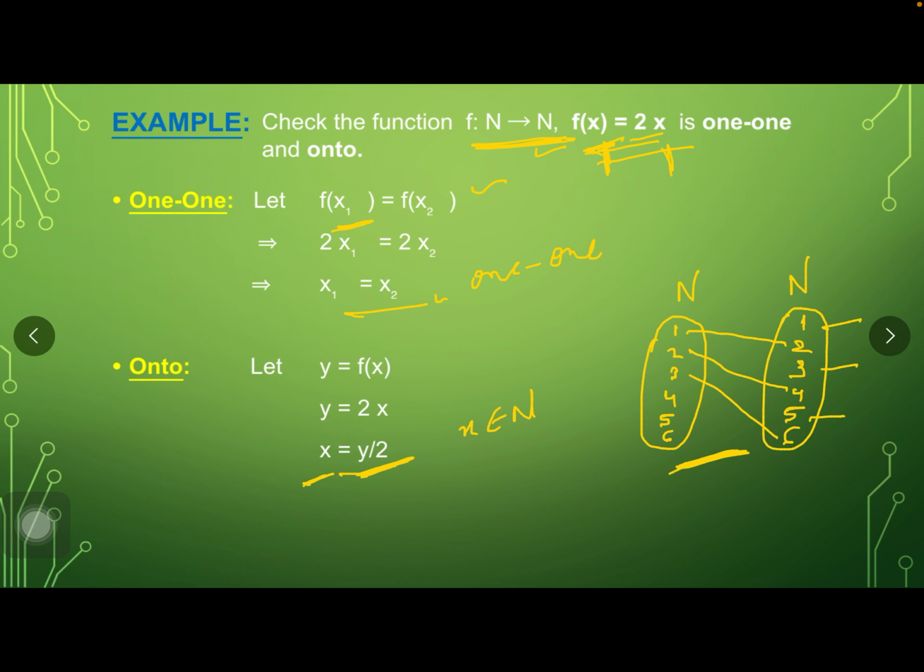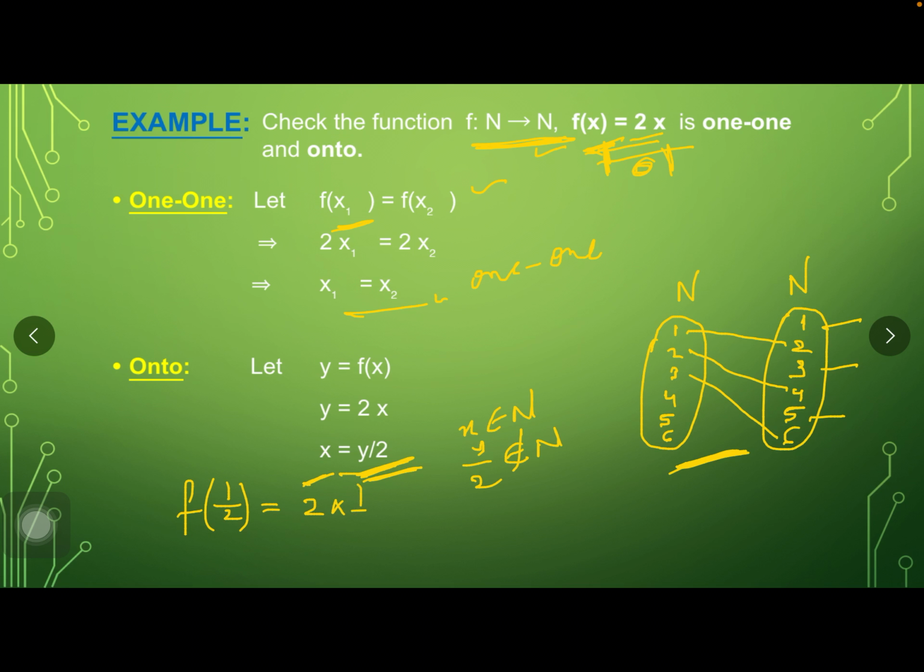Because the set is natural numbers to natural numbers, does y by 2 belong to N? No, because the natural number set is 1, 2, 3, 4, 5, 6, like that whole numbers, but this is y by 2. So this y by 2 doesn't belong to the natural numbers. Also you can see that, suppose let's take an example.